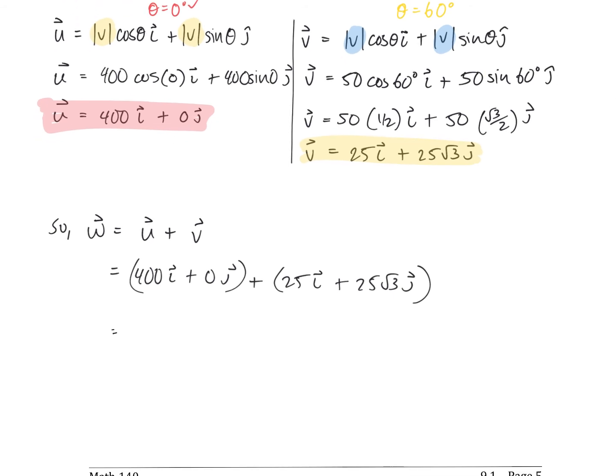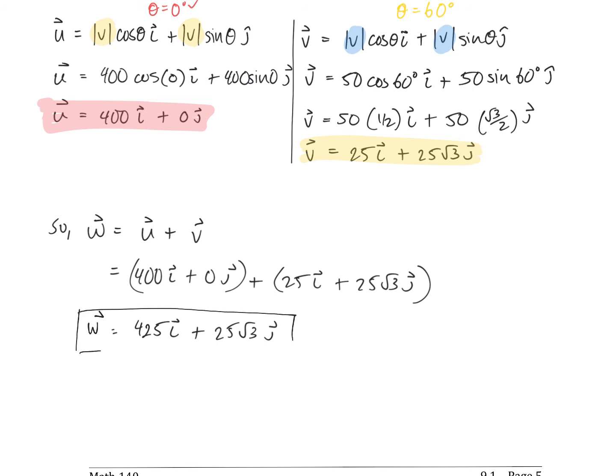And then adding the i and j values, the i value is going to be 425i plus, and the j value will be 25 root 3j. Alright, so this is our true velocity.